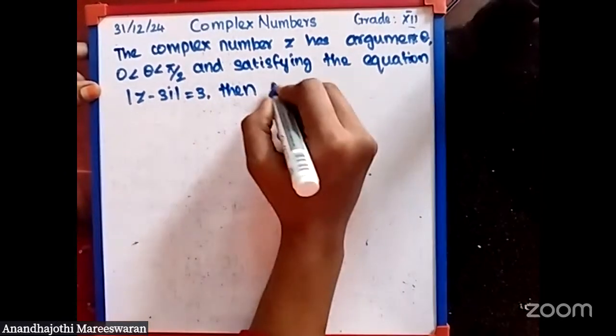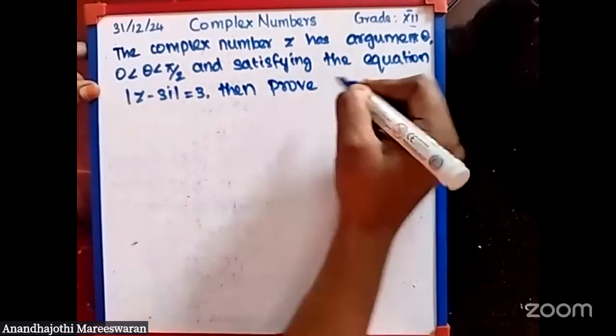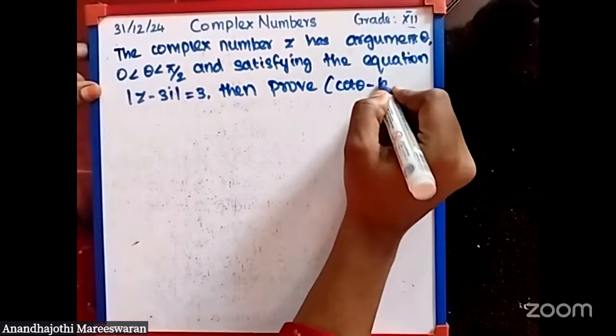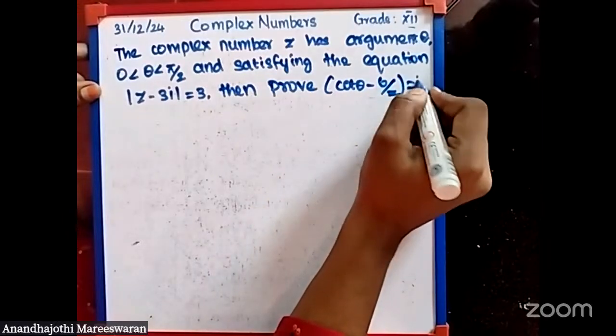Then prove that cot theta minus 6 by z equals i.